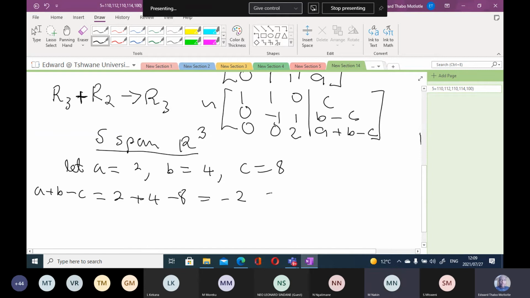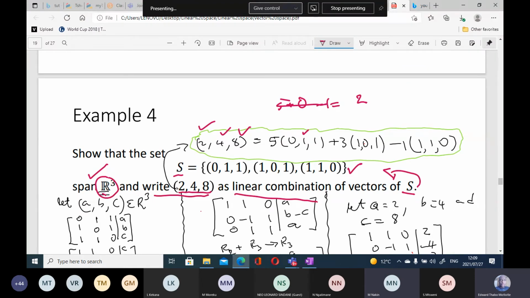Sorry, sir. So 2, 4 and 8 are just random numbers that you picked? No, I didn't pick them. They are given. They say write 2, 4, and 8 as a linear combination of vectors of S. We talked about the standard basis in the past.